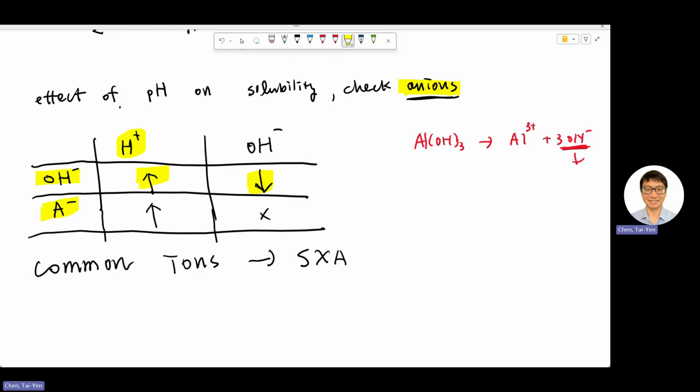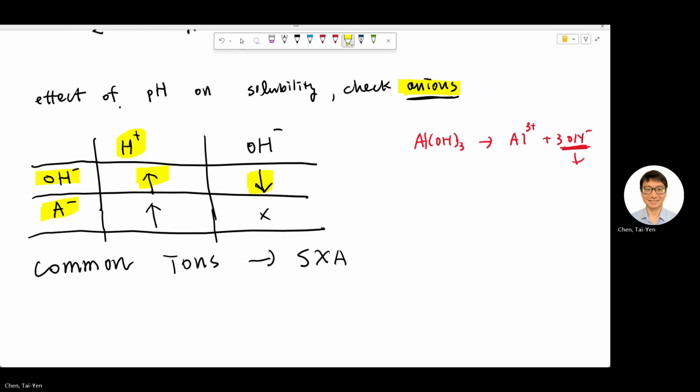And the same scenario applies. If today you add more acid, that acid will interact with your weak base, so your weak base will be diminished. In this case, to maintain the same K, your insoluble salt needs to dissociate more. Therefore, the solubility is going to increase.